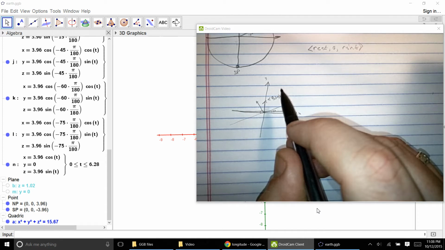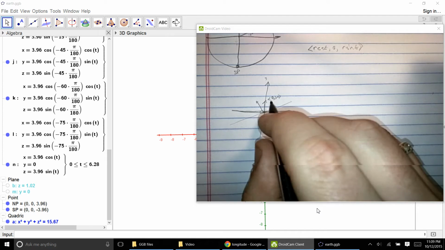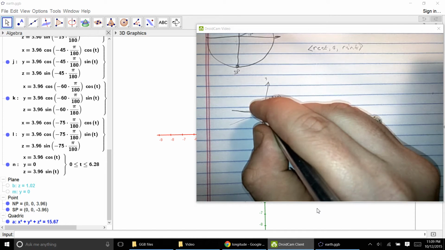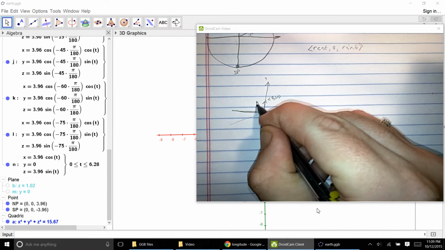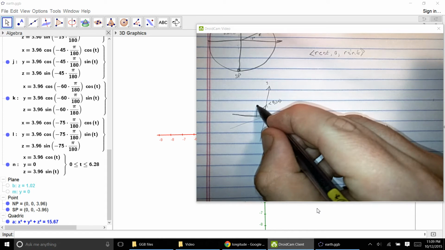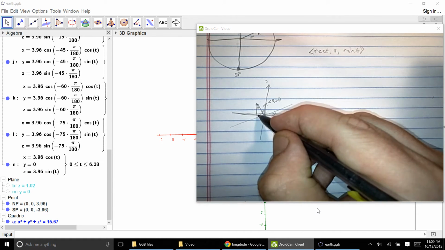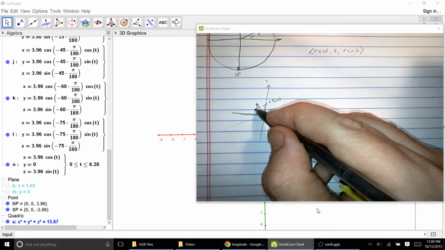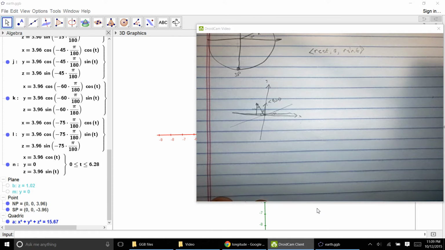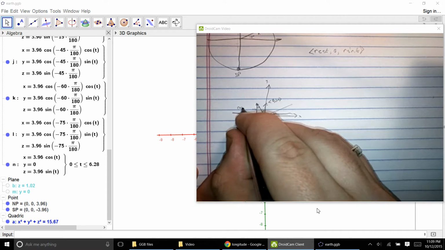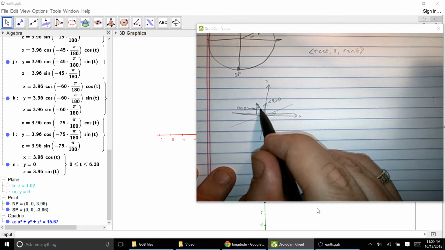By rotating the whole plane by 15 degrees, I'm also rotating this by 15 degrees. So I get a 15 here, and I get a 15 here. What are the components of this vector? The height, this length right here, is the cosine of 15 degrees, because we're using a unit vector.